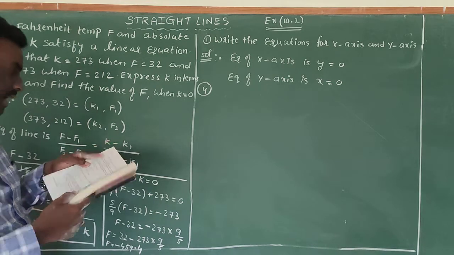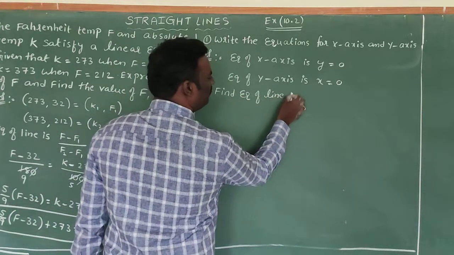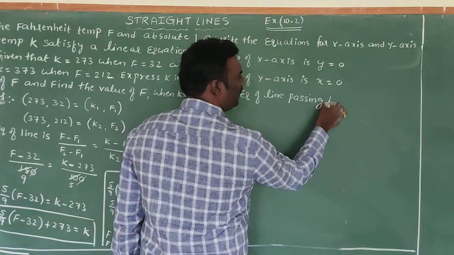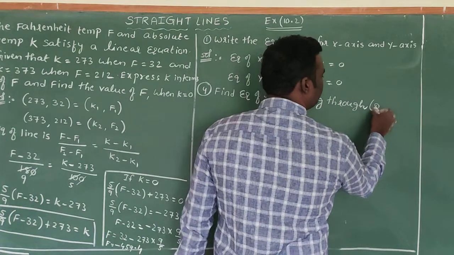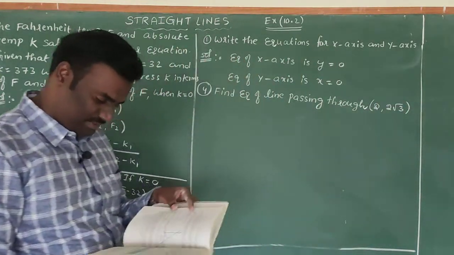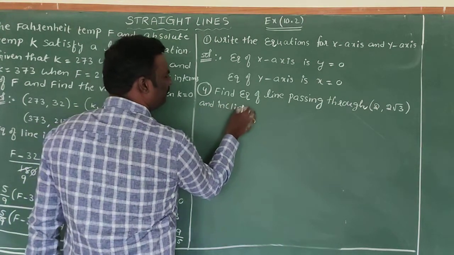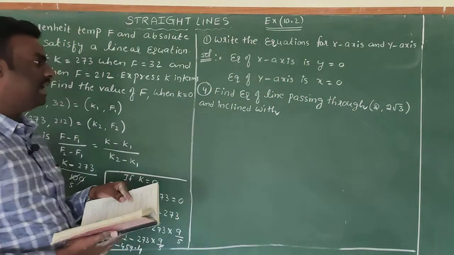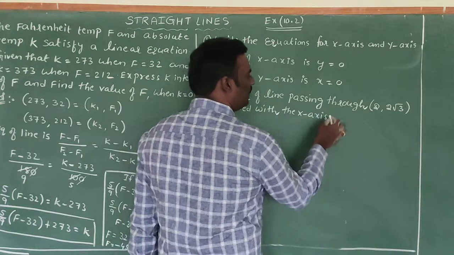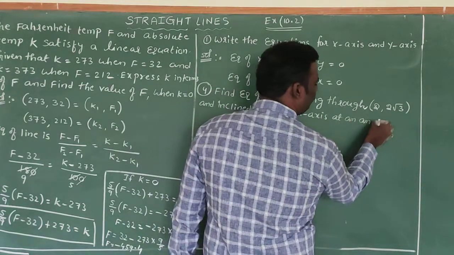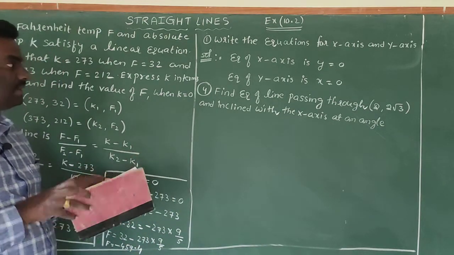In the fourth question they have given: find the equation of the line passing through the point 2 comma 2 root 3 and inclined with the x-axis at an angle of 75 degrees.